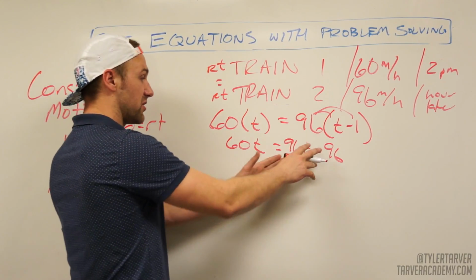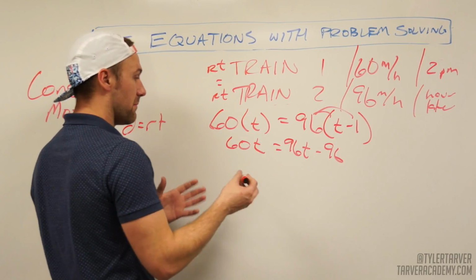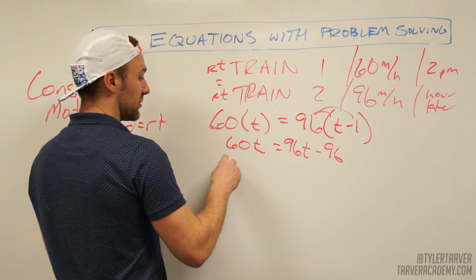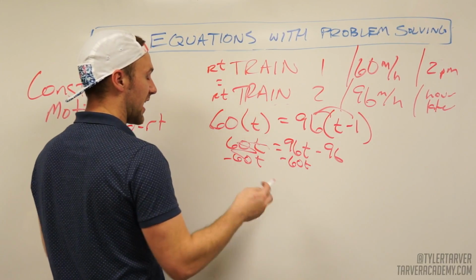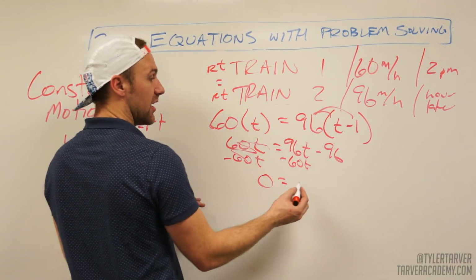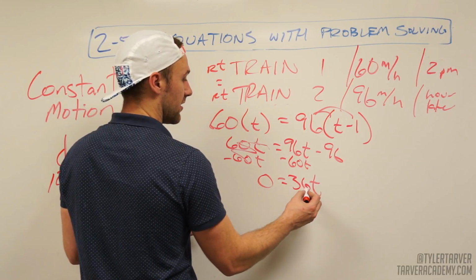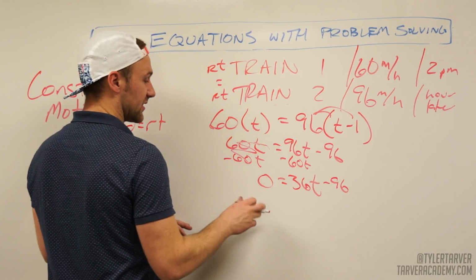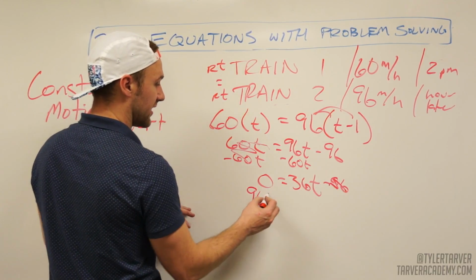I like to get the smaller t over there, so I subtract 60t from both sides. That cancels out on the left, making it 0, and 96 minus 60 is 36t minus 96. I add 96 to both sides: it cancels out on one side and becomes 96 on the other.